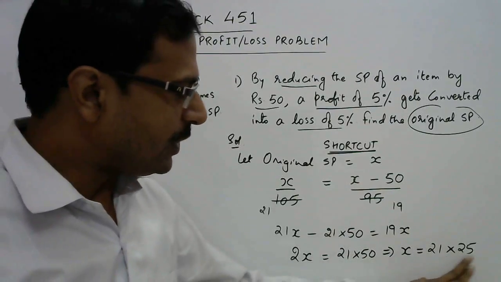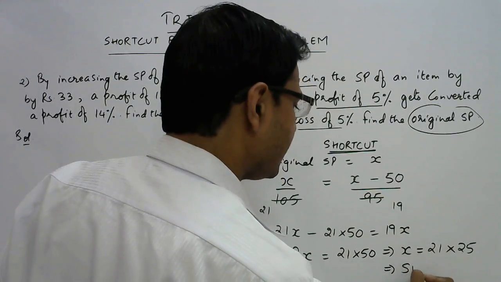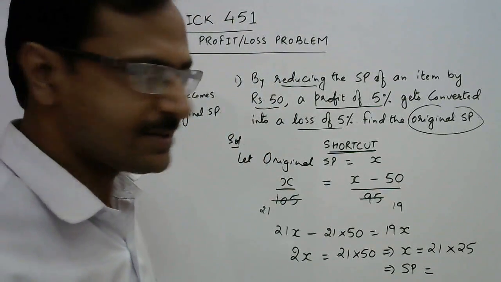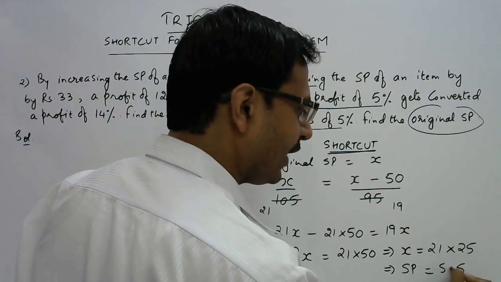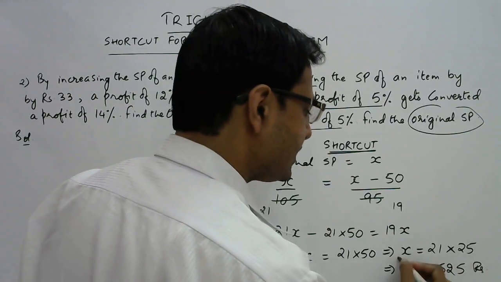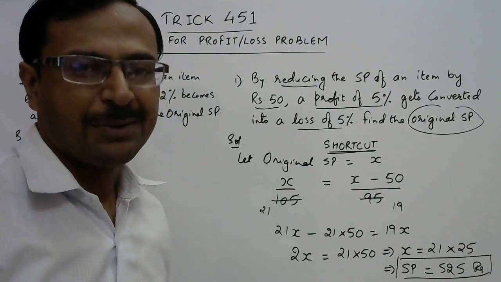So 21 and 25, very easy now. That implies the original selling price is 21 into 25, which is 525. So 525 rupees is the answer for this important problem of profit and loss.